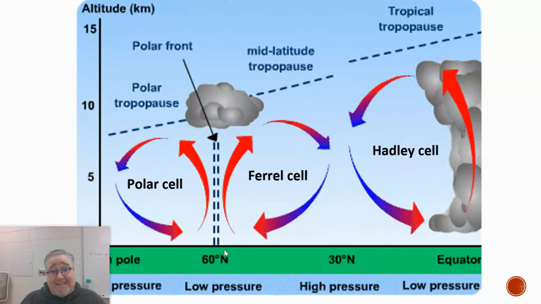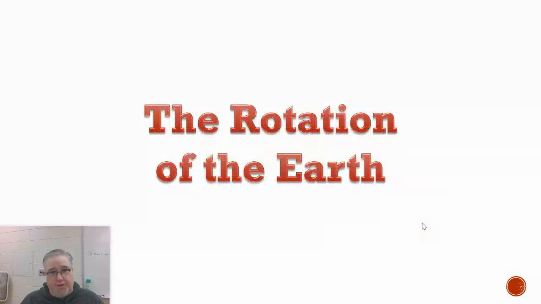But then at 60 north, we have what we call Ferrel cells that happen between 60 and 30. We have what we call polar cells that happen between 60 and 90, which would be the North Pole. So we have these cells everywhere. The only one that you really need to know is the Hadley cell, but they do occur at different latitudes all up and down the Earth. Okay, so that's important to know.